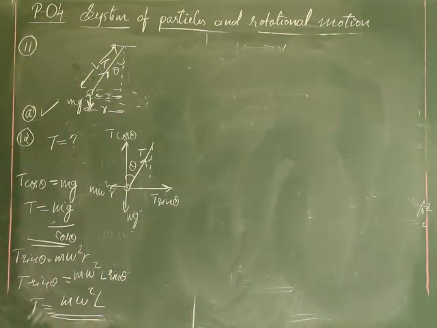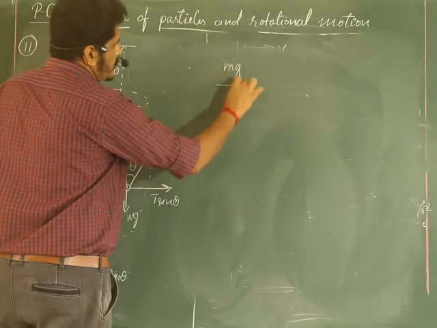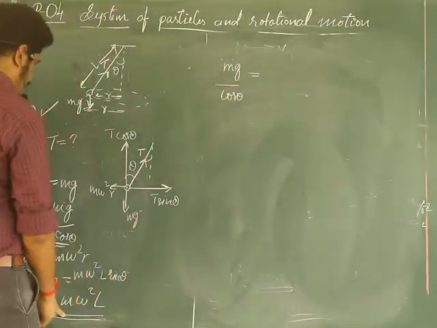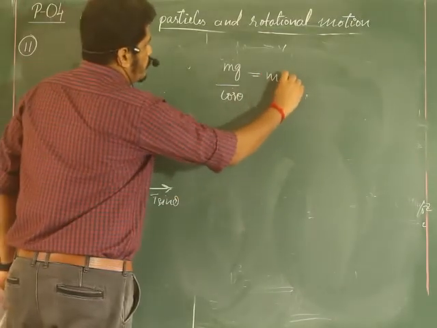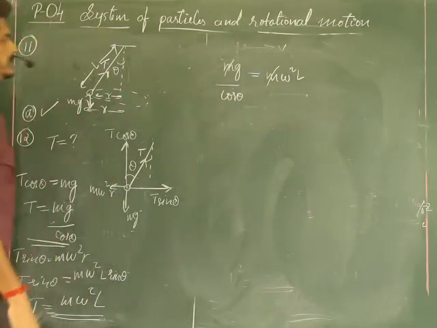So next, I got to know the value of this tension. So these two equations are equal now, correct? That means mg divided by cos theta equals m omega square L. So m cancels, correct?